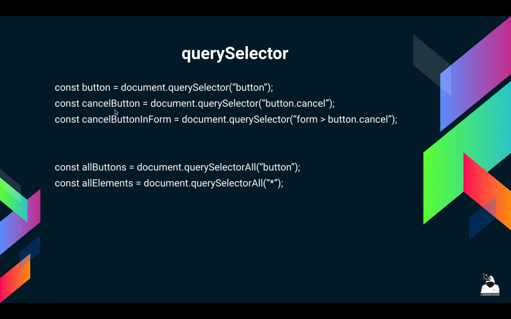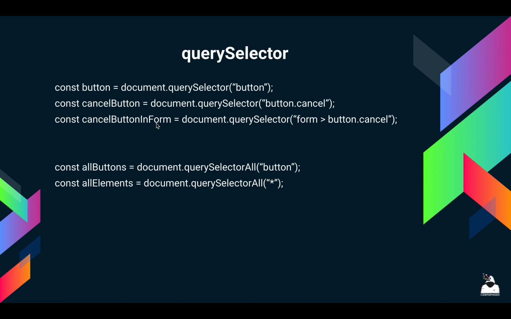Now we want the cancel button. So maybe the first button is an OK button or something, but now we want the first cancel button in the page. So we can pass it button with the class cancel. So button dot cancel, which is a class. So button.cancel means the first button in the page that has the class cancel.